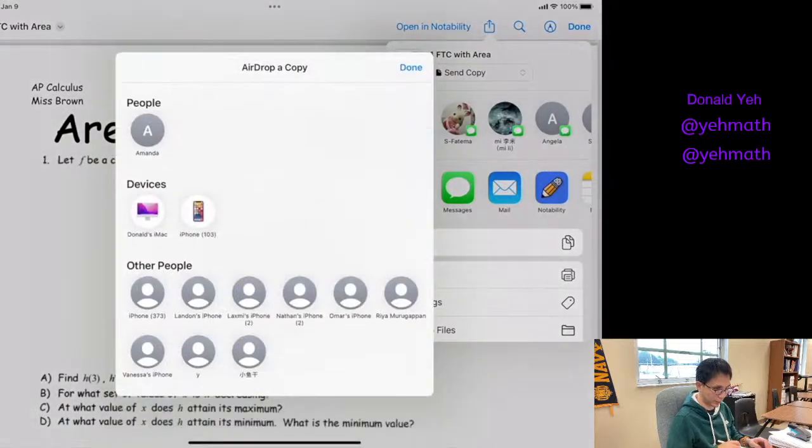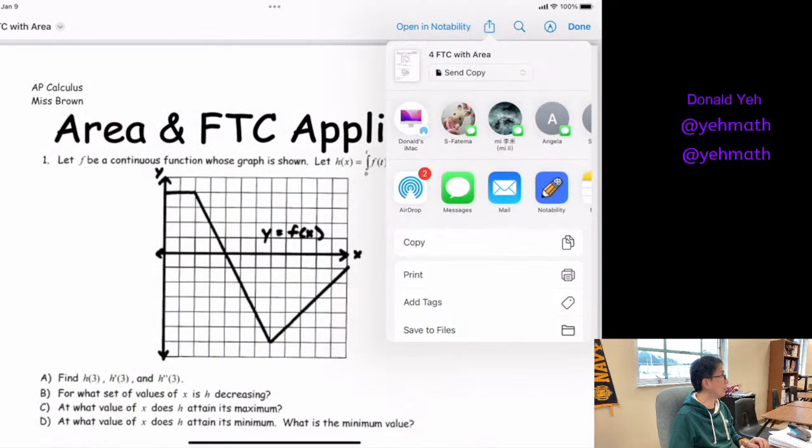This is a little bit harder than this one. Now, this is probably the most important worksheet that you're gonna get all year because this composes 10% of the AP exam.